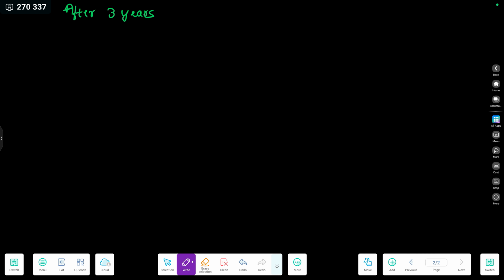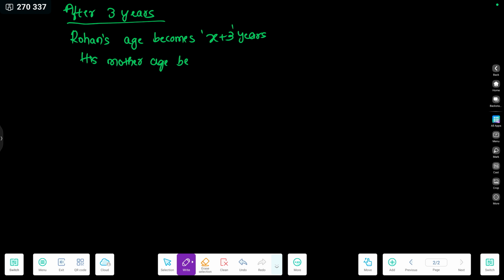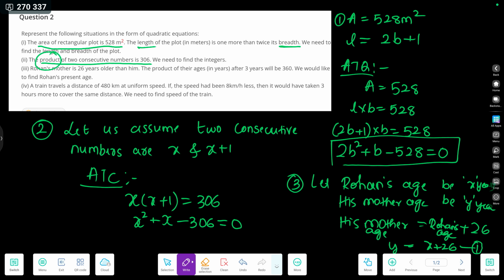After 3 years, Rohan's age becomes x plus 3, and his mother's age becomes y plus 3. Now what is the condition after 3 years? The product of their ages will be 360.